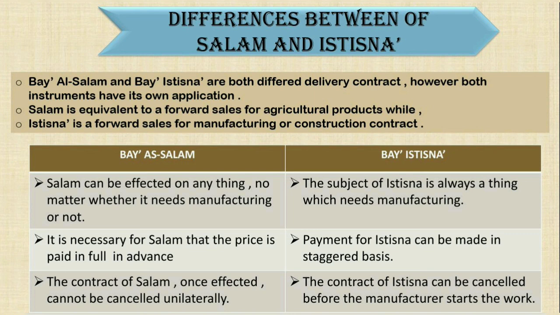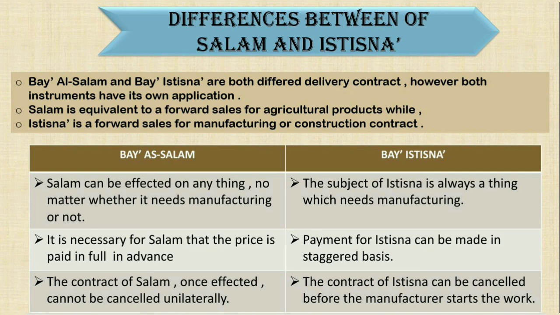Itu adalah forward sale. So the difference between bai' as-salam and bai' istisna is, for bai' as-salam, the first one is salam can be effected on anything, no matter whether it needs manufacturing or not. While bai' istisna, the subject of istisna is always a thing which needs manufacturing.